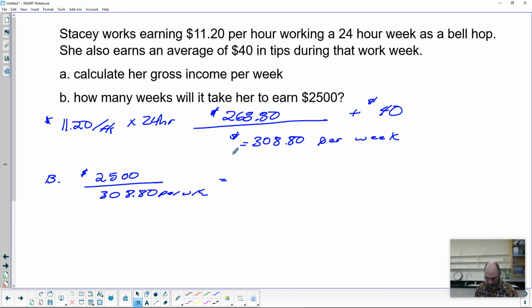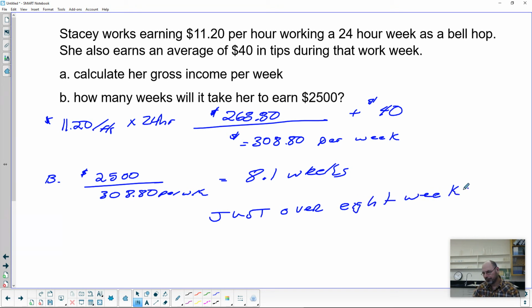So go 2,500 divided by 308.80 equals. So I get about 8.1 weeks. So we can say just over 8 weeks. Okay, so that's what it's going to take for her to earn that.